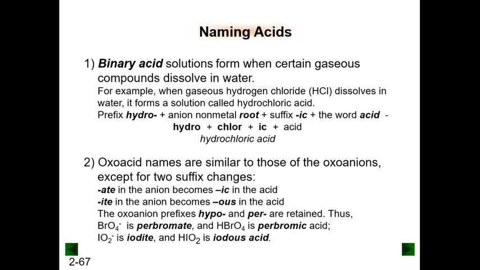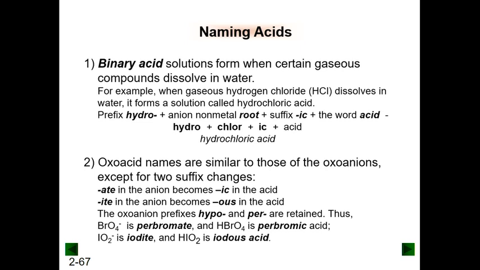The problem arises with the naming of the oxoacids, because the oxoacids depend on the naming of the polyatomic anions. The ones that I showed you, hypochlorite, chlorite, chlorate, and perchlorate, those names you need to remember.